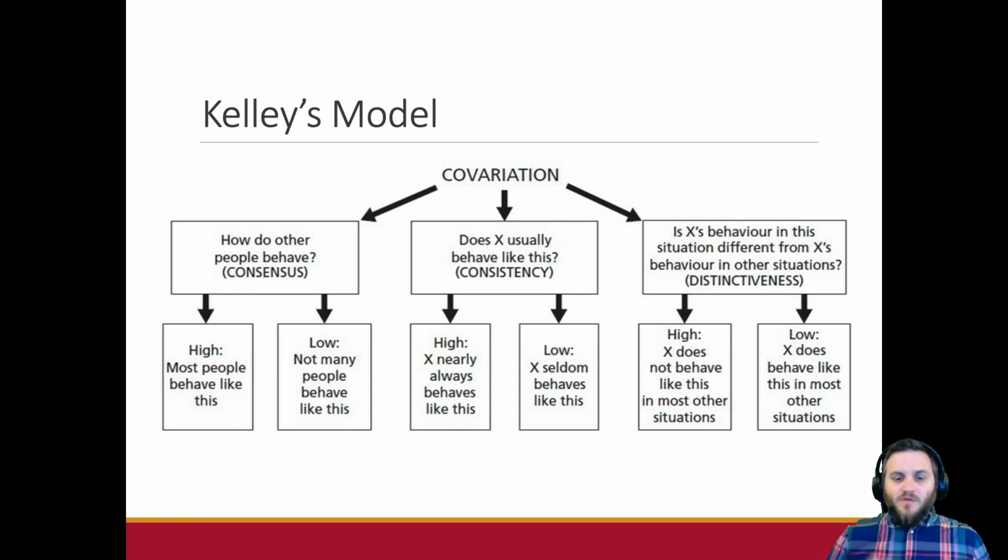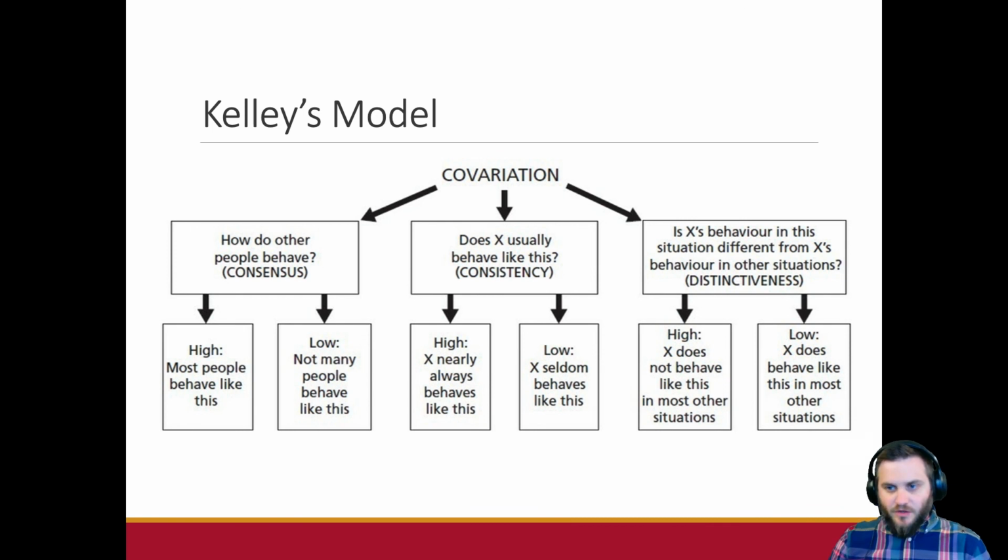Okay. So Kelley decided that this model is algorithmic. Okay. So the covariation principle is behavior should be attributed to potential causes that co-occur with behavior. So we decide whether it's external or internal, whether something is specific to a situation or general about that person, using these 3 types of information.